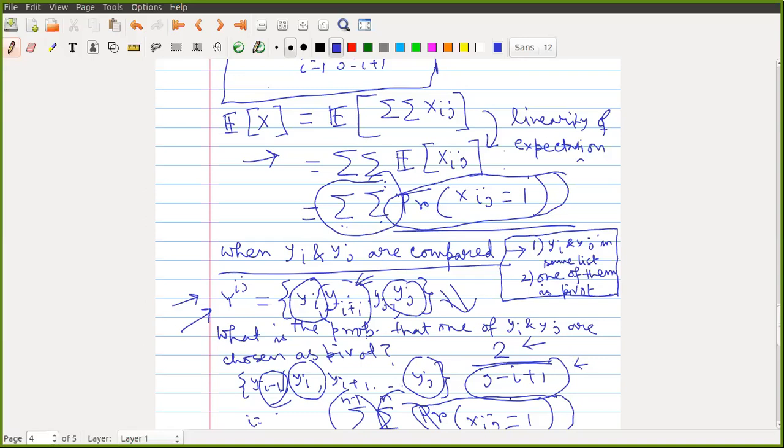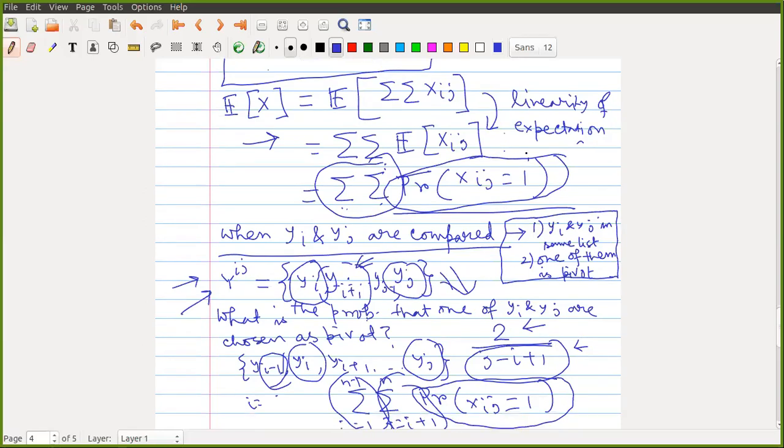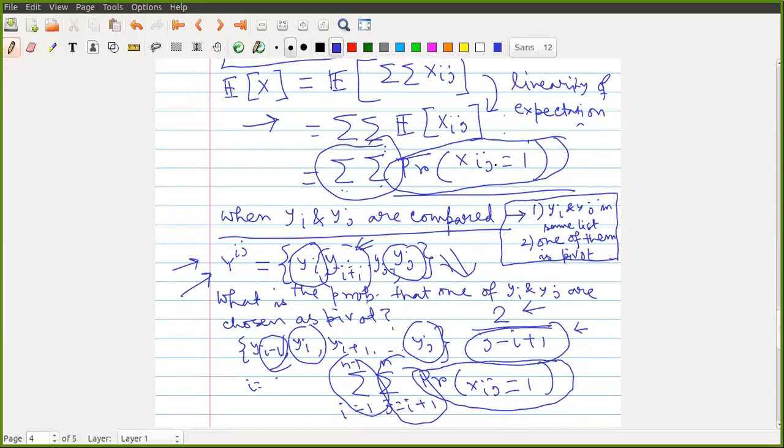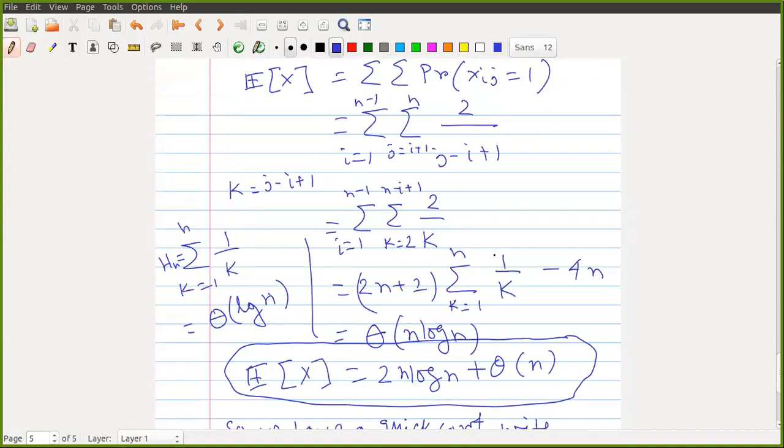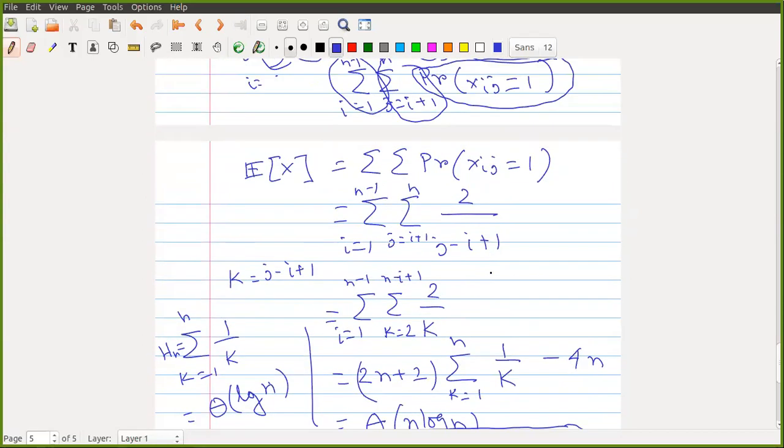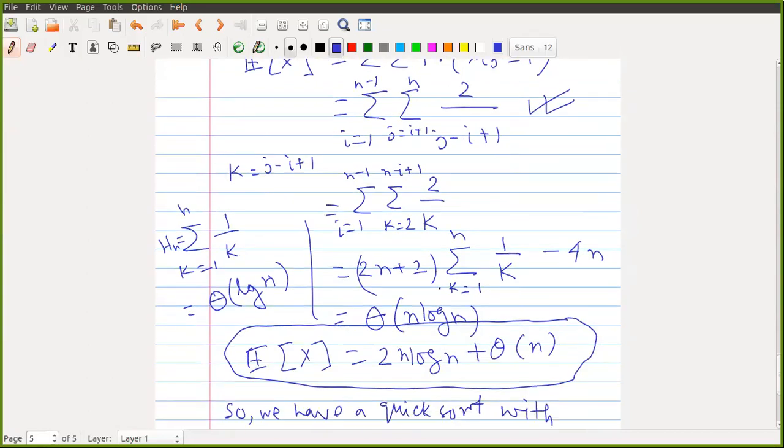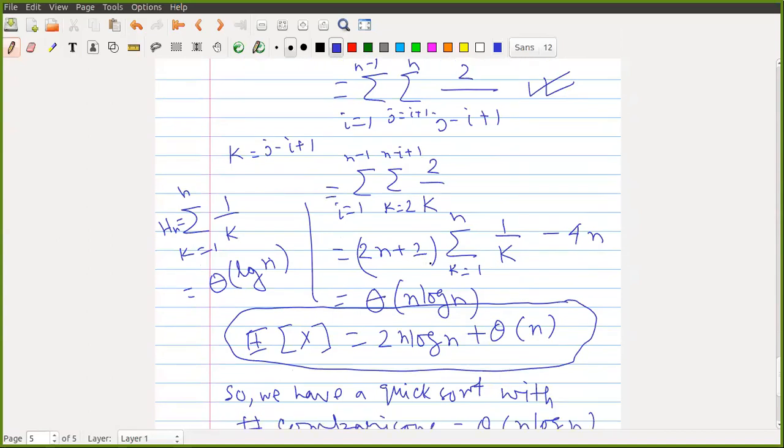So the probability that xij is 1, that is, yi and yj are compared, is 2 by j minus i plus 1, and that is why I'm summing over all of these. Substituting this, and after a bit of calculation, it turns out that the expectation of X is order n log n.